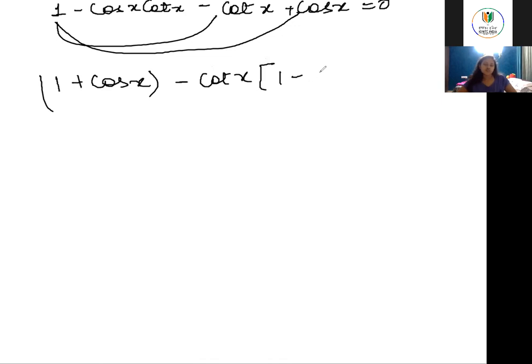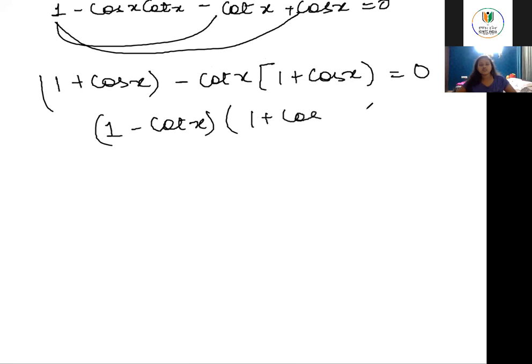So you have again 1 plus cos x here is equal to 0. So you have two things here, 1 minus cot x and 1 plus cos x is equal to 0. So either one of them is equal to 0, you have to find the solution for cos x and cot x. So the answer for this question will be 2n plus 1 pi or n pi plus pi by 4.